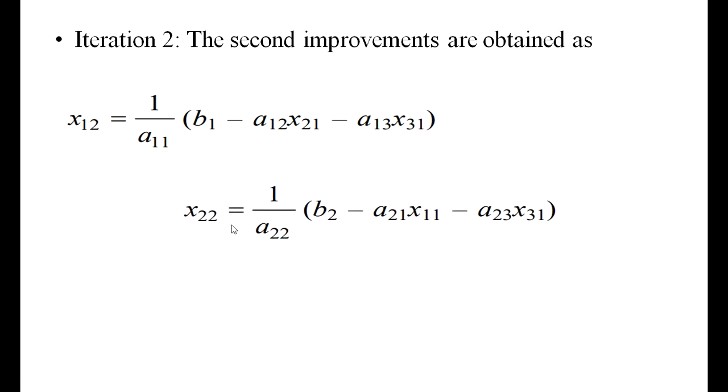Similarly, x2(2) will be 1 upon a22 in bracket b2 minus a21 x1(1) minus a23 x3(1). Similarly, you can find the value of x3(2) as 1 upon a33 in bracket b3 minus a31 x1(1) minus a32 x2(1).